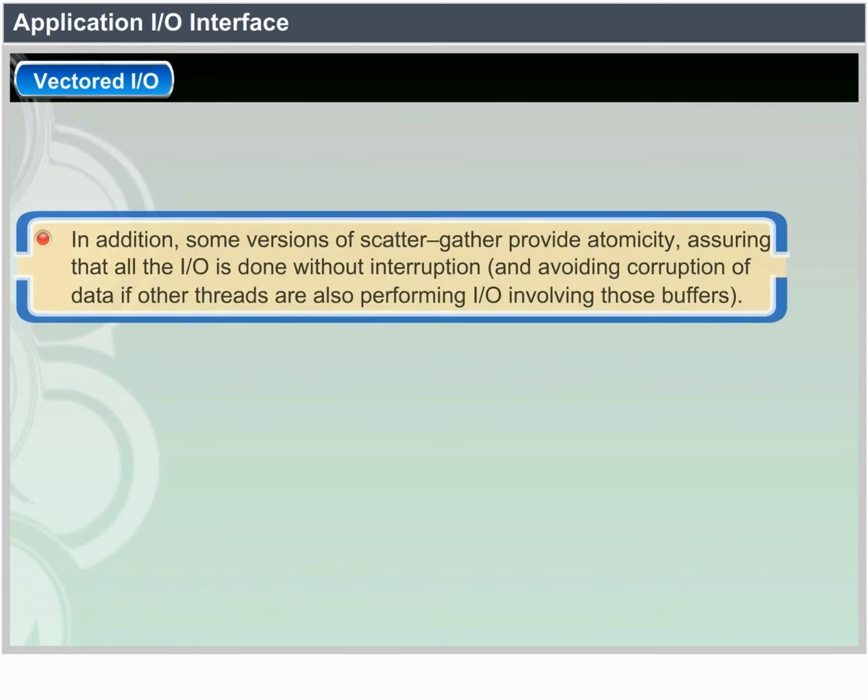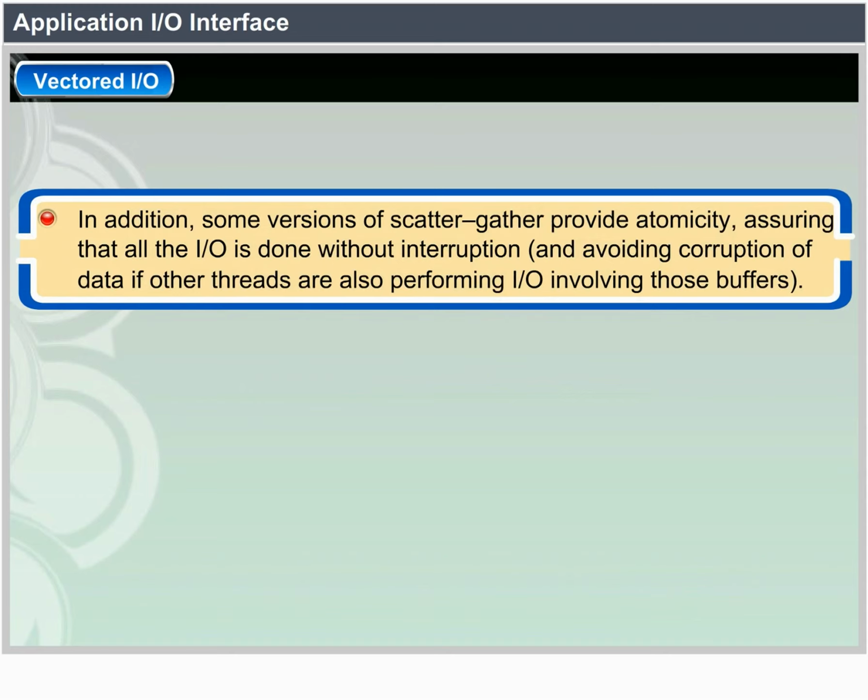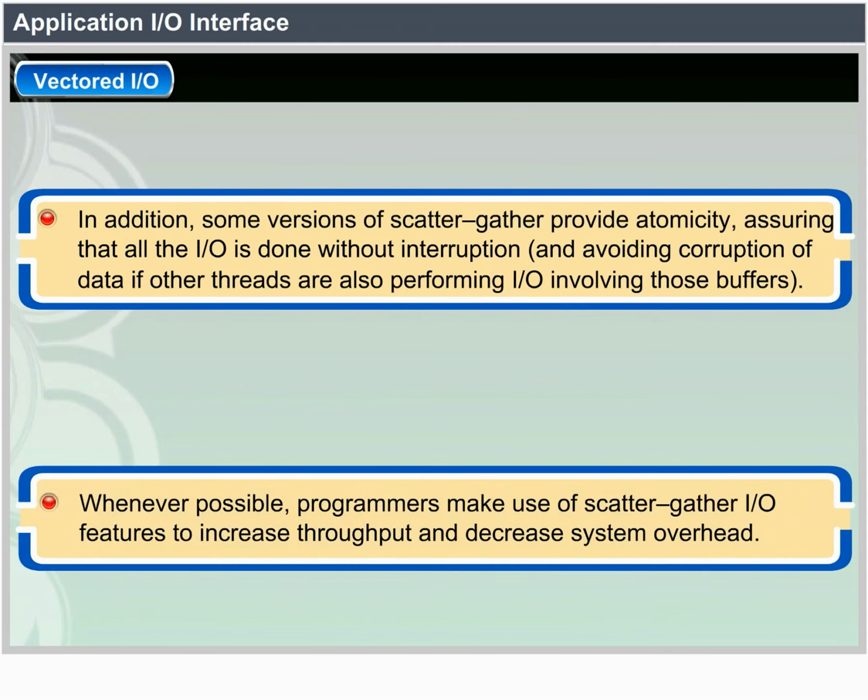In addition, some versions of scatter-gather provide atomicity, assuring that all the input-output is done without interruption, and avoiding corruption of data if other threads are also performing input-output involving those buffers. When possible, programmers make use of scatter-gather input-output features to increase throughput and decrease system overhead.